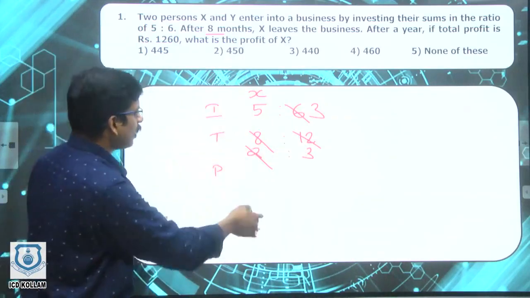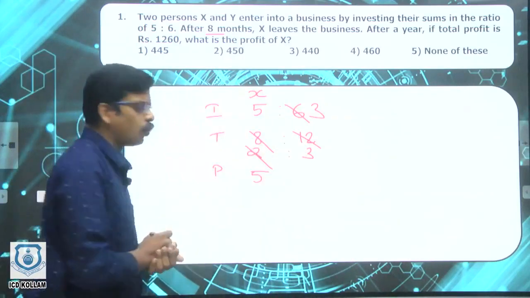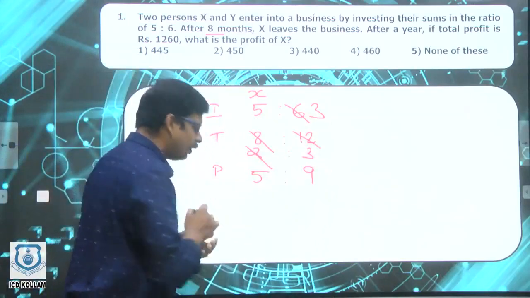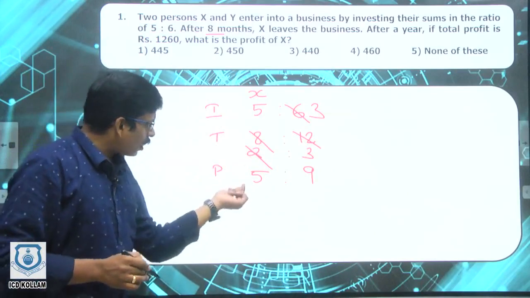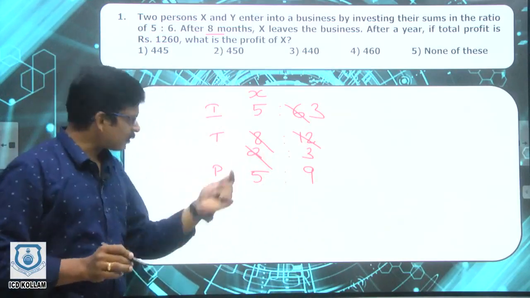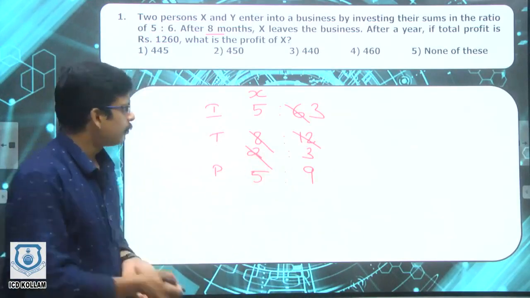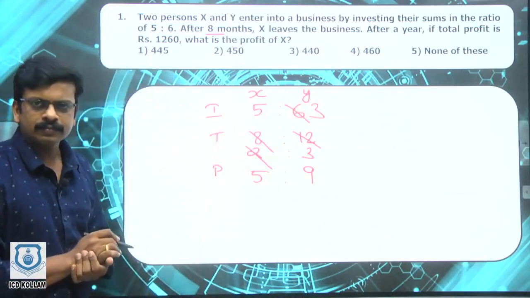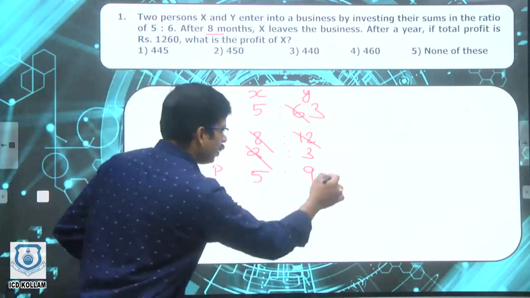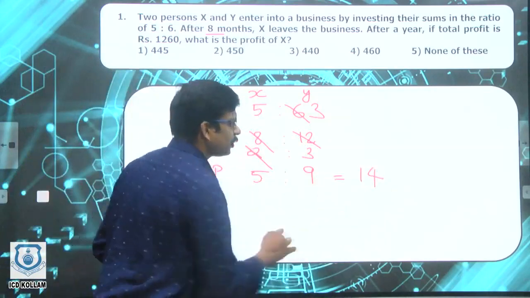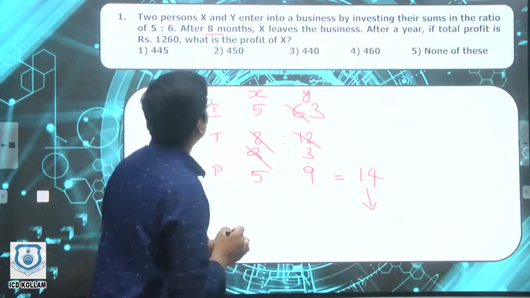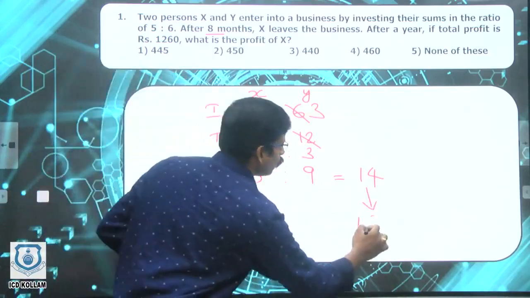Now the left side contains only 5 into 1, 5, and my right side contains 3 into 3, 9. So the total profit is the sum of these 2, means X's profit plus Y's profit. So X plus Y is equal to 14, and in this question this 14 is 1260.